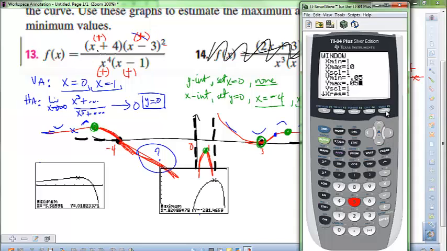That'll just give me a little bit more room to view my values down below. Alright, let's do that trace again, and we're going to find the maximum value. We'll use 3 for the left bound, 8 for the right bound, and the same number for your guess.